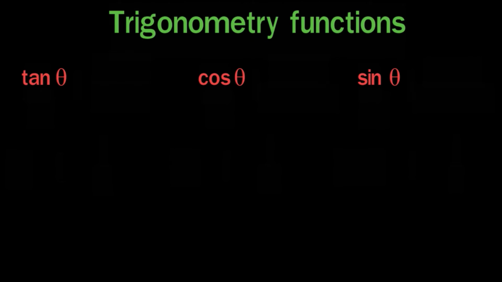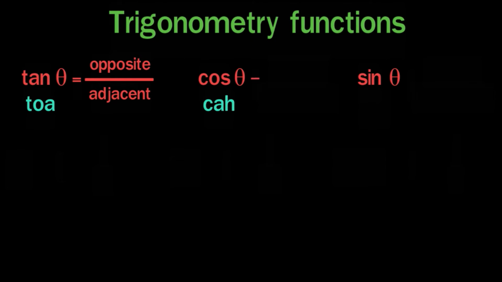You can remember the words TOA, which is opposite over adjacent side of the triangle. What is cosine value? You remember the words CAH, which is adjacent over hypotenuse.